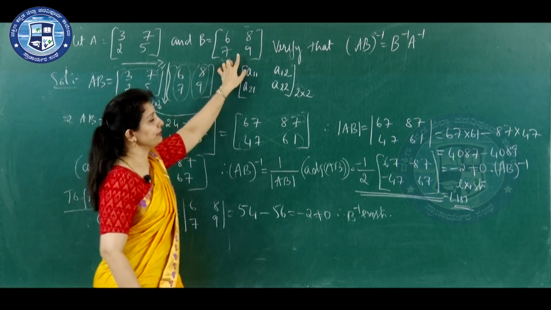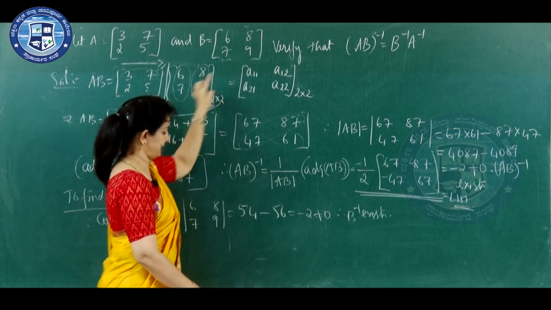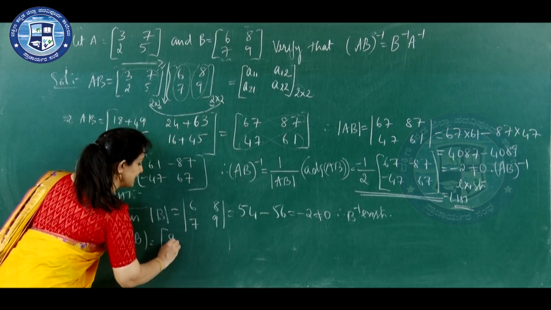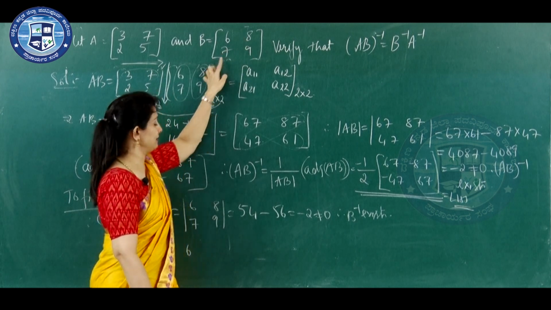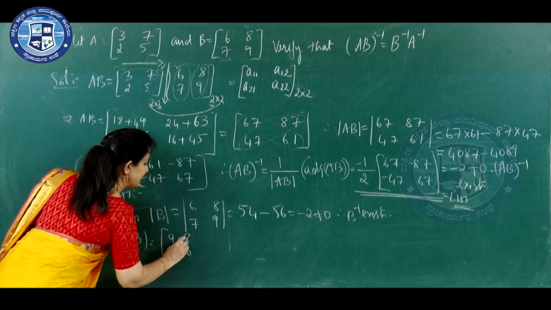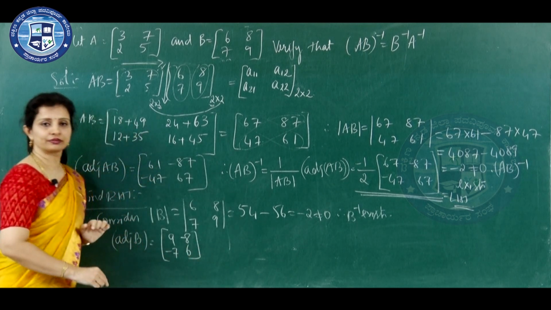Adjoint B is, look at this, B is such that its diagonal elements are 6 and 9. Interchange the diagonal elements, 9, 6. Off diagonal elements are 8 and 7. So, change the sign of the off diagonal elements, minus 8, minus 7. Okay?